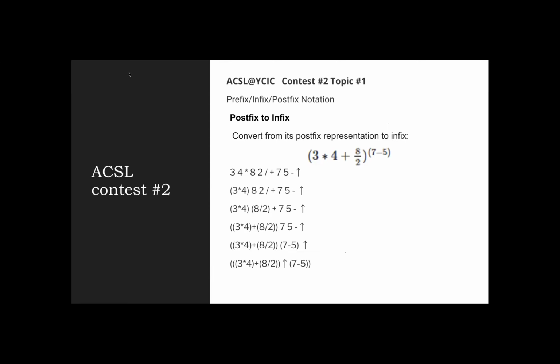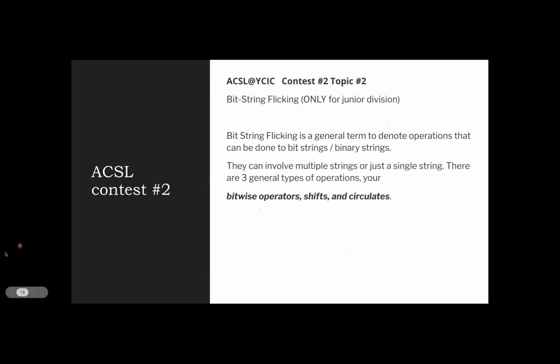Okay, Alex, you can explain it if you like. Okay, so for this question, remember, prefix means right to left. So we put the multiply between the 3 and 4, and then we put divide between A and 2, and then we put the plus sign, which is where we started.